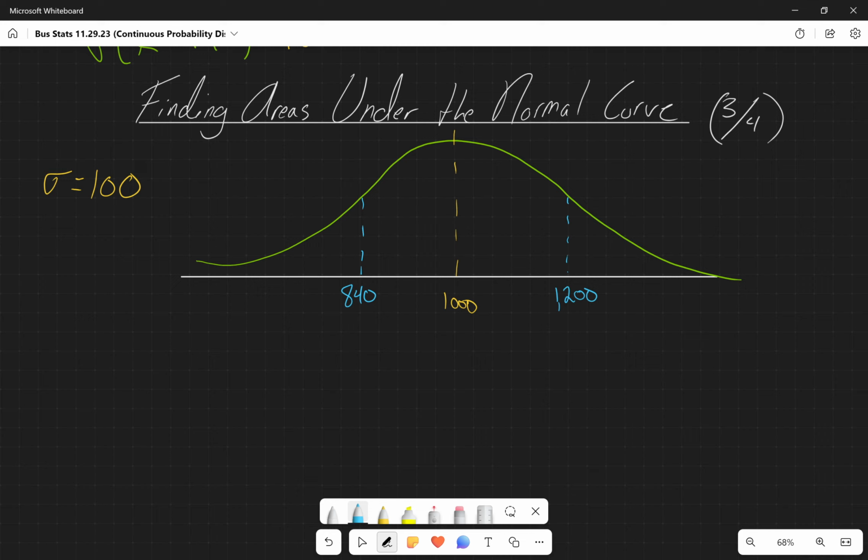Makes way more sense. So number one, what are we trying to figure out? We're trying to figure out this whole area under the curve here, for this whole range that we have.